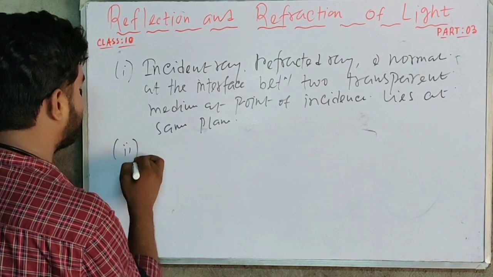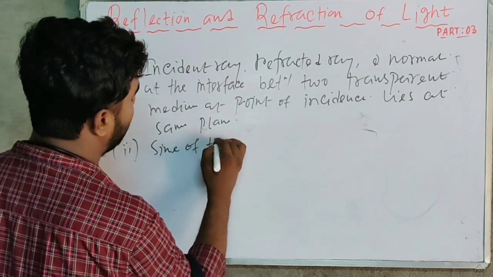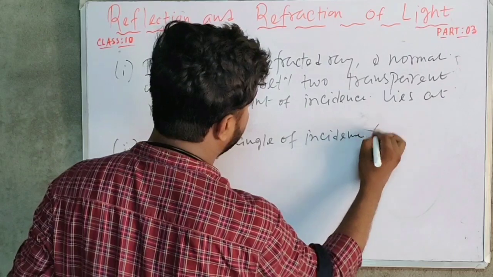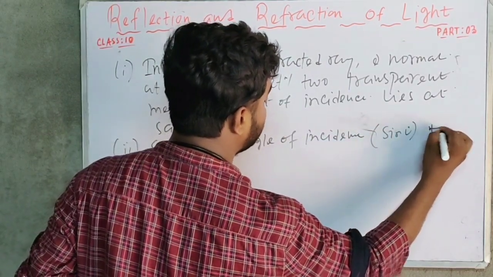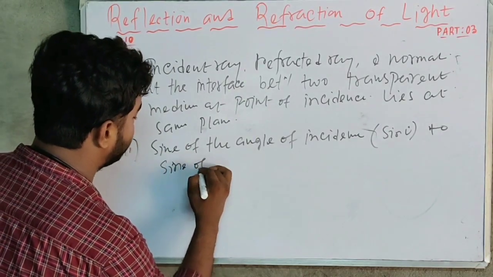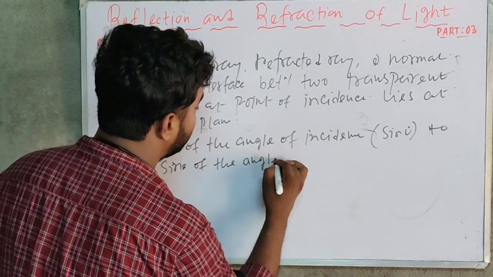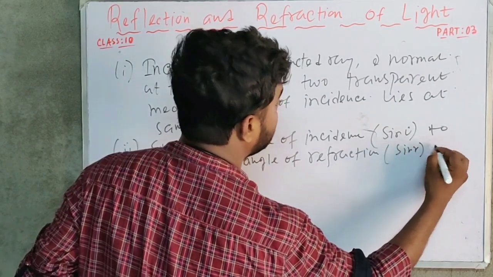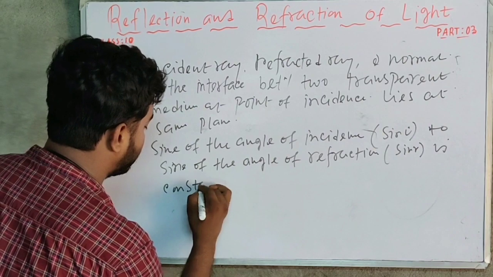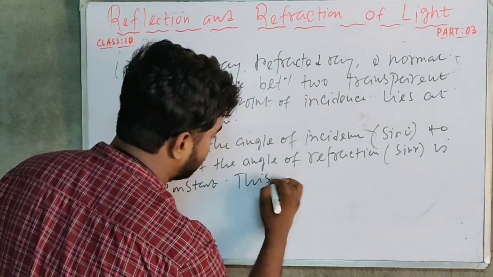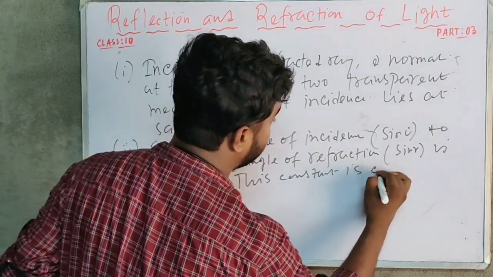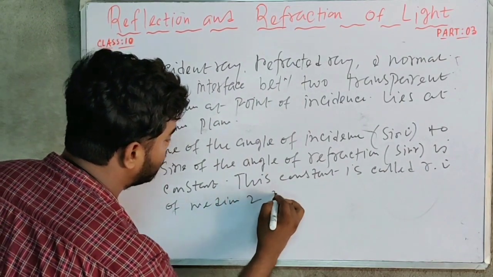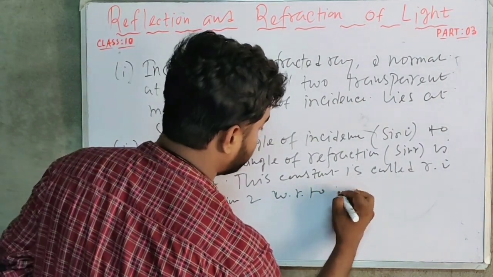And the second point: the ratio of the sine of the angle of incidence, that is sin I, to the sine of the angle of refraction, that is sin R, is always constant, and this constant is called the refractive index of medium 2 with respect to medium 1.